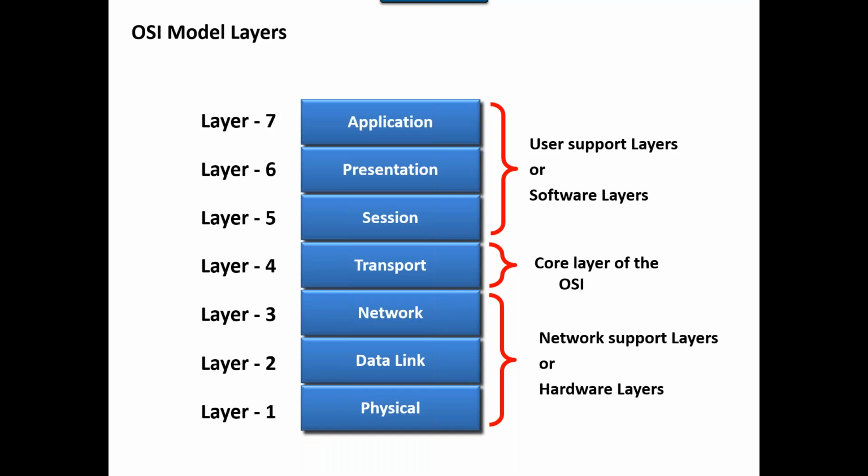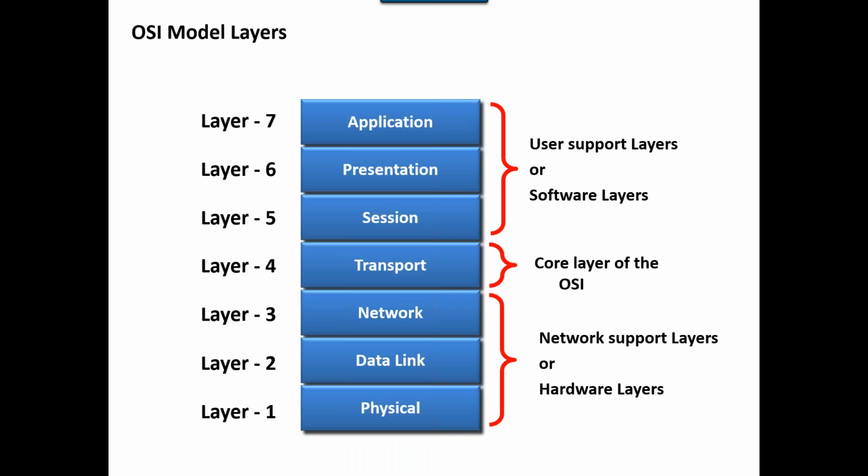One last question, ma'am. Is there any chance the destination will start from somewhere other than physical? From physical it is mandatory to move to data link, then network, transport, session, presentation, application.